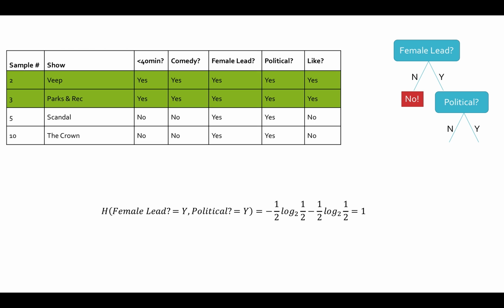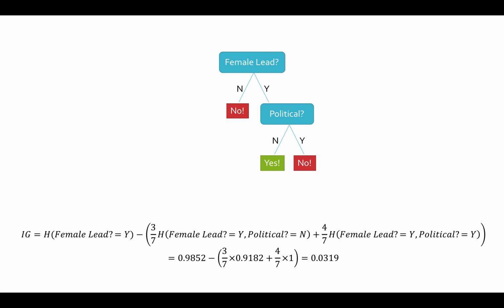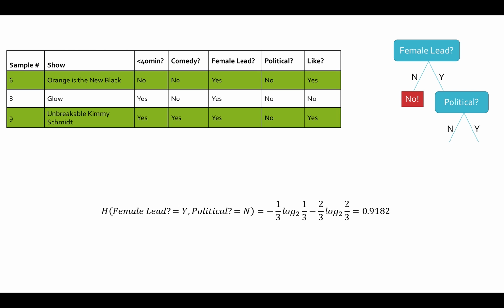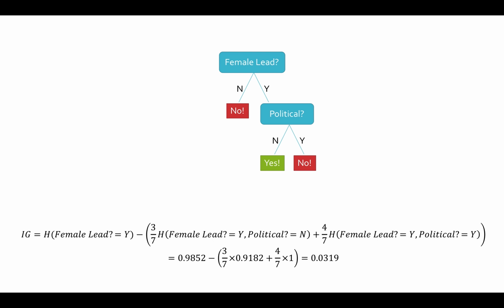On the right-hand side, there's 2 that we like and 2 that we don't. This gives us an entropy value of 1. Calculating information gain, we get a very low value, 0.03. That's because the entropy was 1 on the right side and 0.91 on the left side. Pretty high values.